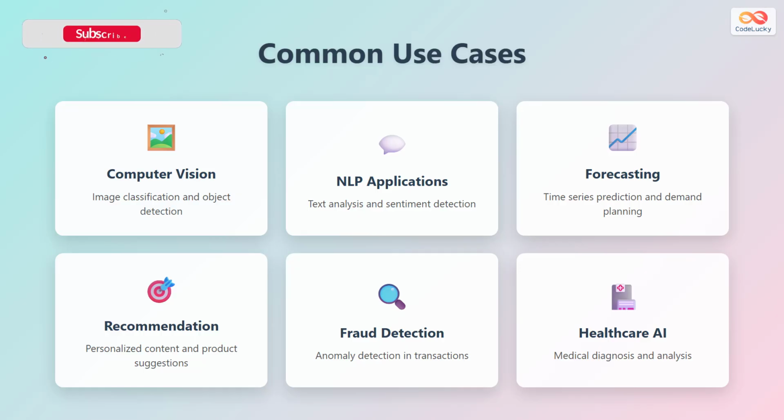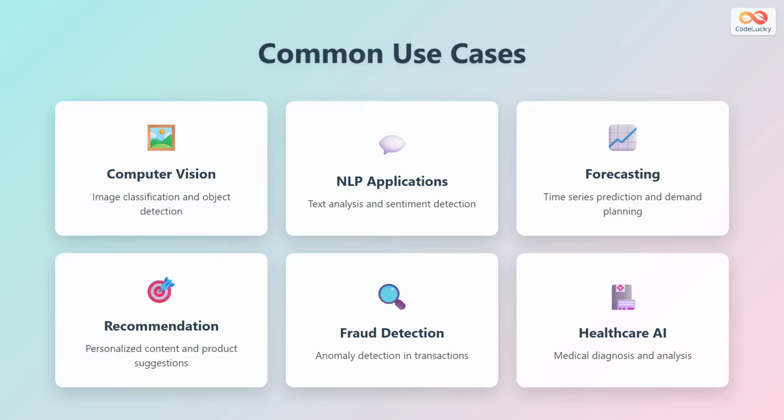Forecasting uses time series prediction and demand planning to help retailers optimize inventory or energy companies predict consumption patterns. Recommendation systems provide personalized content and product suggestions, enhancing customer experience on e-commerce platforms or streaming services.